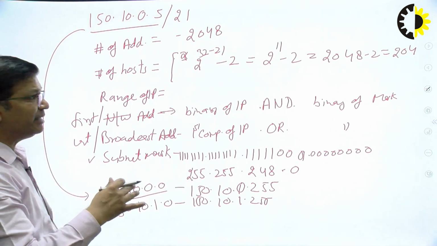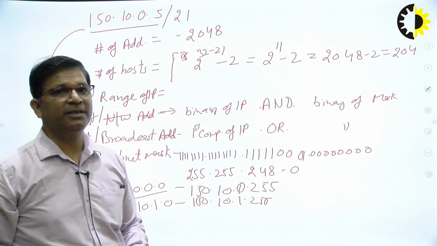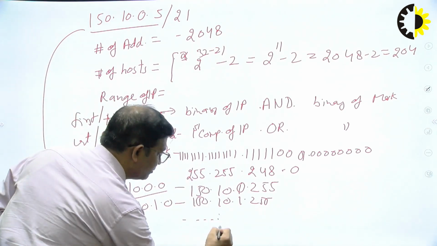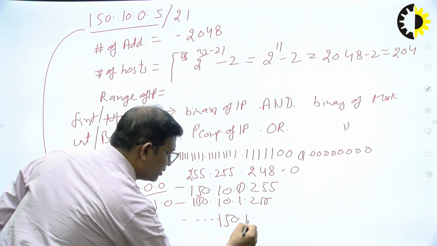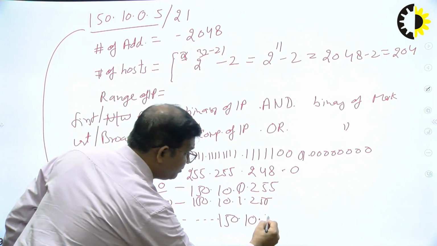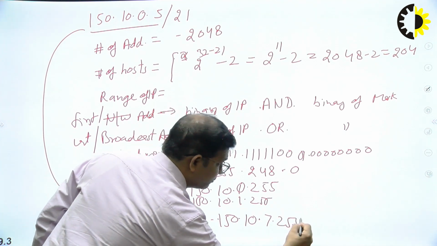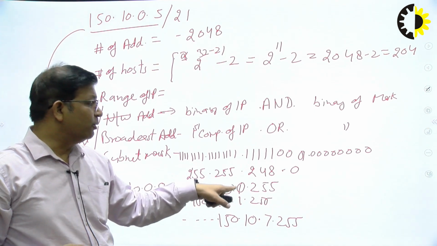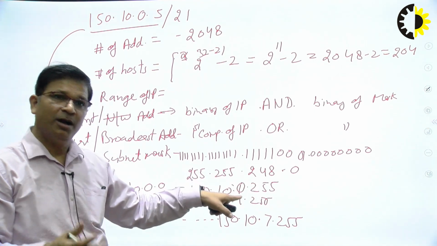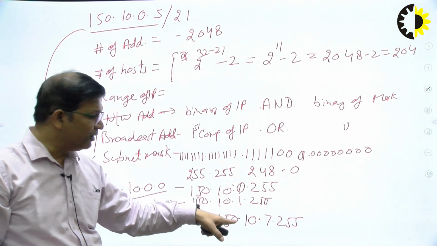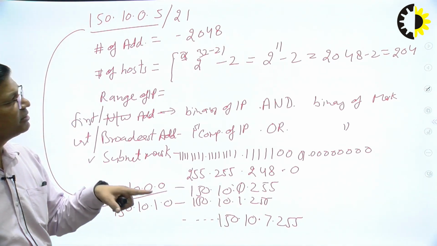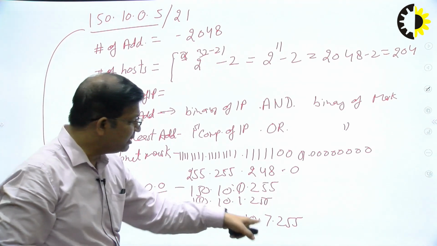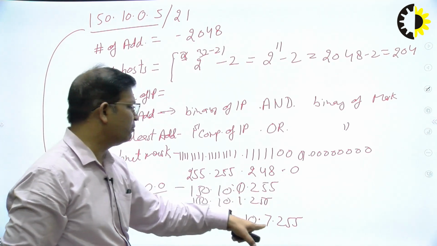In the same way, if we keep 2048 addresses, the range will become up to 150.10.7.255. If we keep 256 in 0, again 256 in 1, and so on, 256 times 8 becomes 2048. So the range is 0.0 to 7.255.